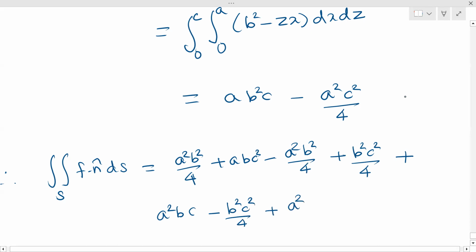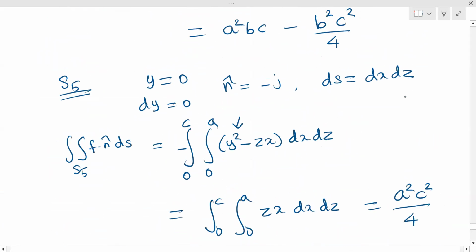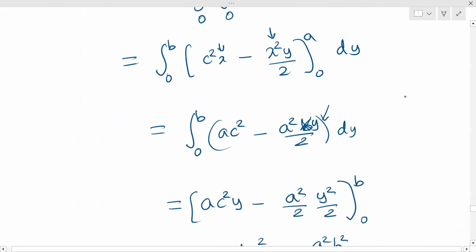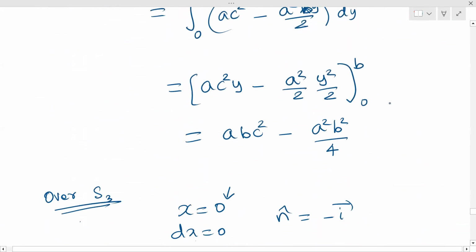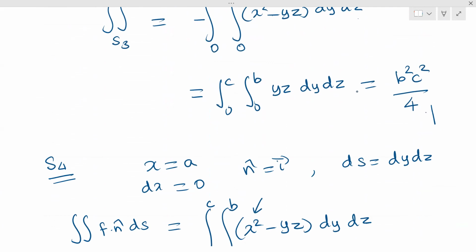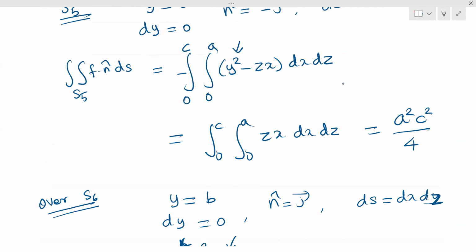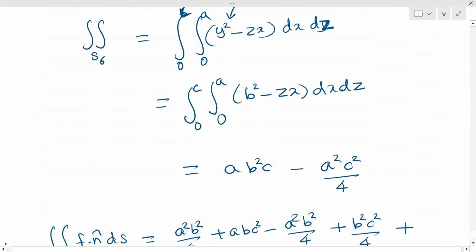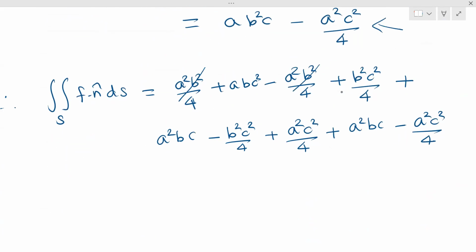Fifth integral a square c square by 4 plus, so these are the integral answers we got. Isn't it? This is the first integral value, this is the second integral value and third integral value, fourth integral value, fifth integral value, and this is the last one. So when we add all these, what will happen? All these terms get cancelled.